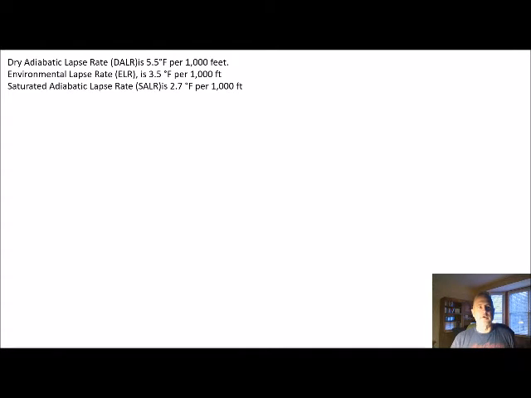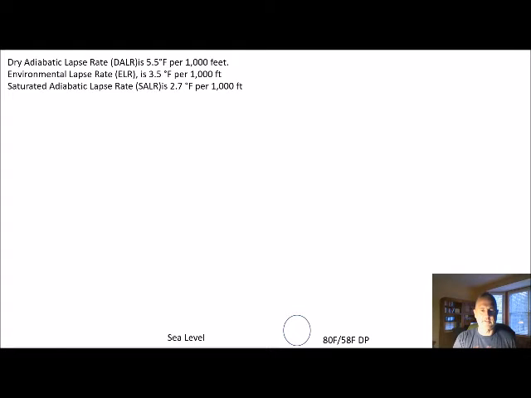So up in the top left corner, again, we have the dry adiabatic lapse rate, the environmental, and the saturated. Here's a little walkthrough, and you can pause this if you want to. Here's our air mass sitting at the ground. The air inside the little circle is 80 degrees with a dew point of 58 degrees Fahrenheit.